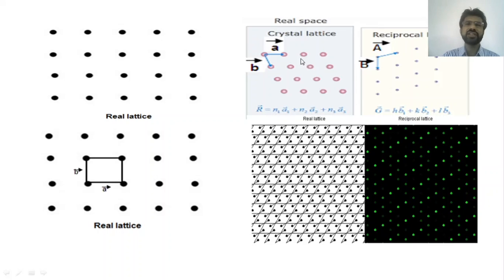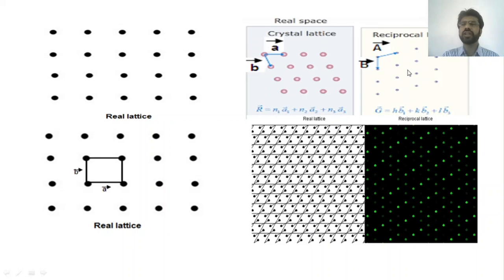Now then see here, in case of the real lattice, we are using the translation vector, and that gives the vector r is equal to n1 vector a1 plus n2 vector a2 plus n3 vector a3.